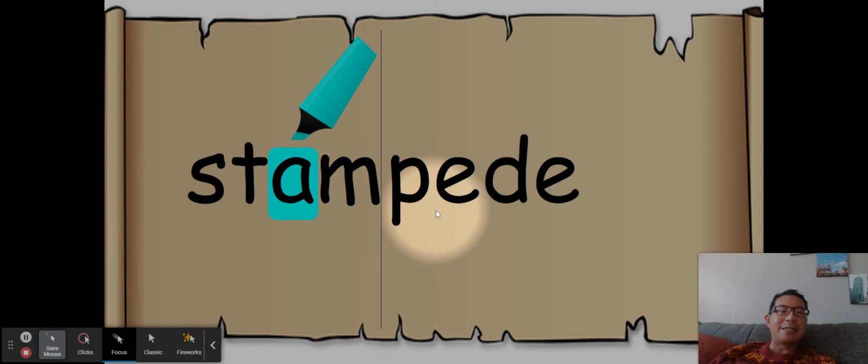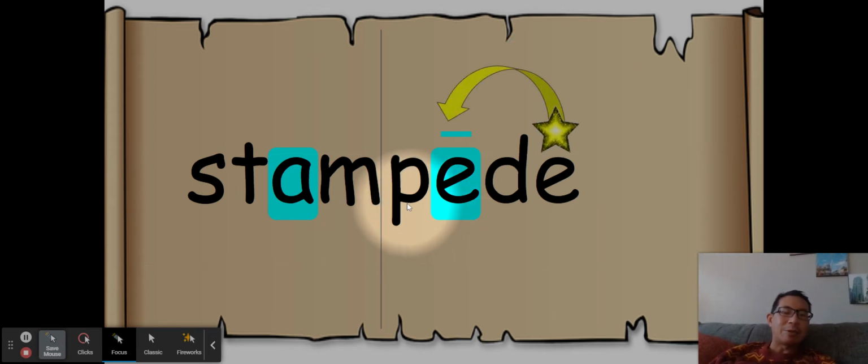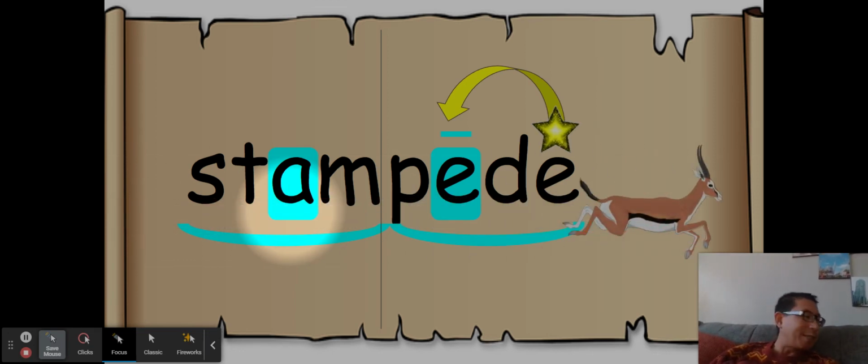Now let's find the vowel in the other syllable. It's E, says eh, but because there's an E at the end, this is now E says E. So we're going to read it peed. Let's put the syllables together: stampede, which is when there's a lot of animals chasing down other animals.